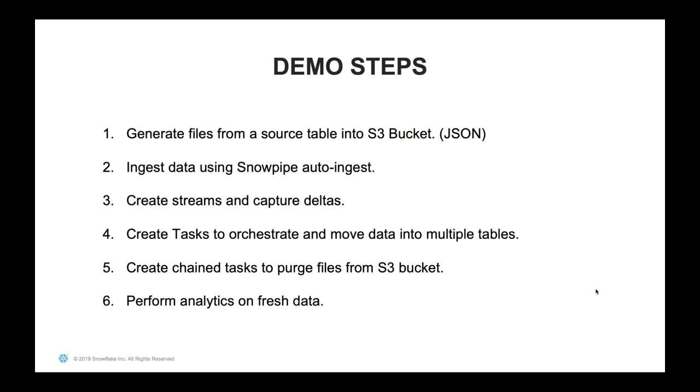Finally, I'm going to visualize this data change through Tableau and show you how the data refresh is happening in the background and ensure that Tableau is able to represent that. And in the tasks, you will also see me create dependent tasks in a tree-like structure, where the child tasks only get executed when the parent task has done its job.